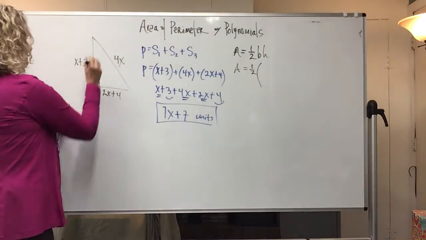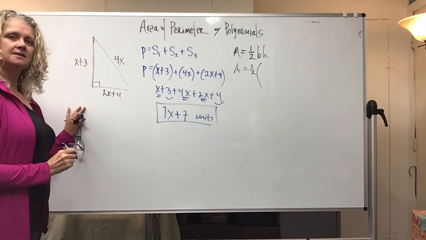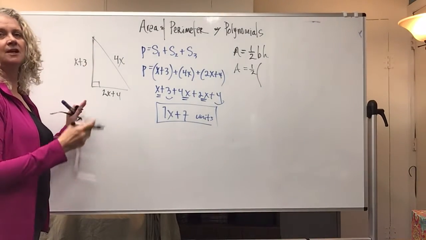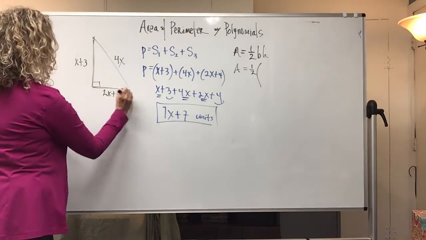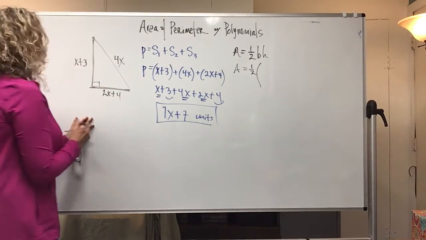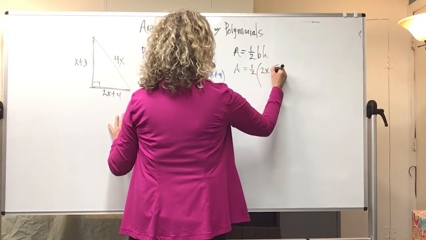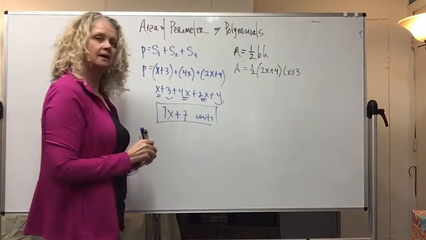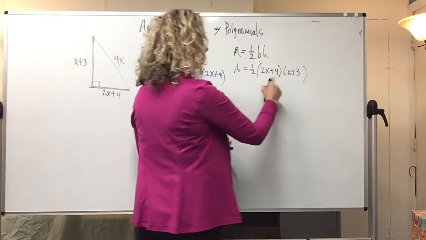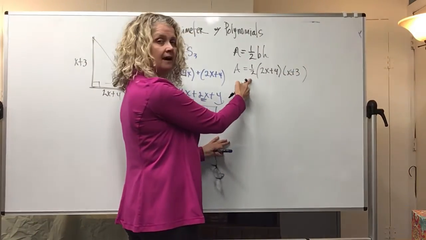Now, in this case, the height of the triangle is the side that's perpendicular to the ground, unless you're dealing with a non-right triangle, which is a whole other story. So you have your base and your height. And there we have it. Now you have a couple choices here. You can FOIL and then distribute in the half.